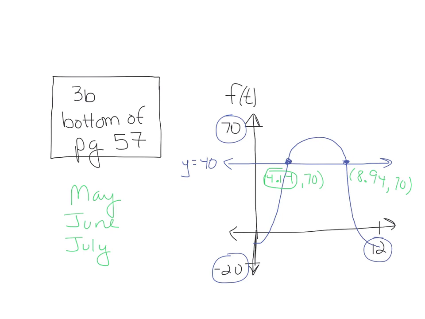Basically between 8 and 9 is August, so we're almost with all of August above 40, but not quite because this is at 8.94. So we're just going to say these 3 months, the 5th, 6th, and 7th month are the 3 months when they can visit. One more thing we should have done is labeled f of t, so just make sure you're showing this is the y equals 40 and that's f of t.